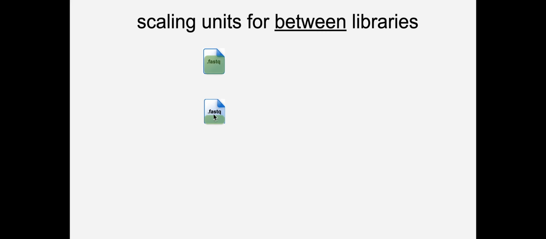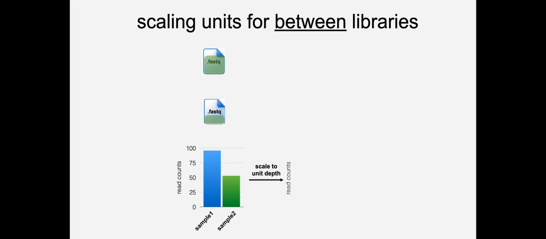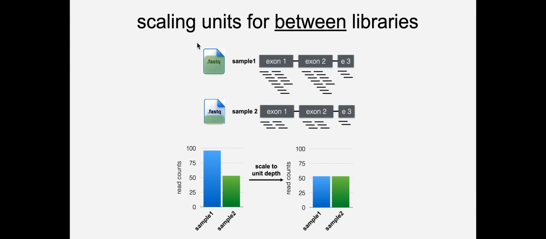So here's an example. Here's 2 samples, 2 FASTQ files. One that I've indicated with green has a bunch of reads, and one that doesn't has much less, maybe half as many. So let's look at the same gene. We're going to call this gene A, and it's gene A in sample 1, and it's gene A in sample 2.